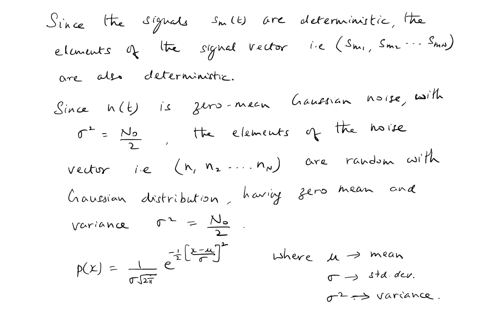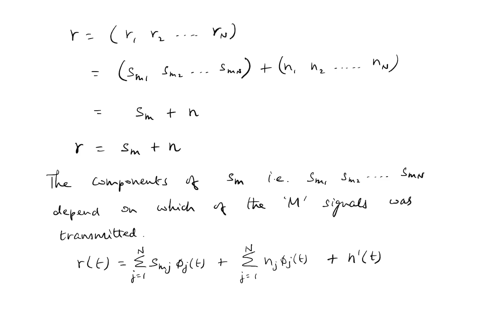Because the transmitted signals are deterministic, their vector representation, and therefore the elements of that vector representation, are also going to be deterministic. So all the elements in the transmitted signal vector are deterministic.